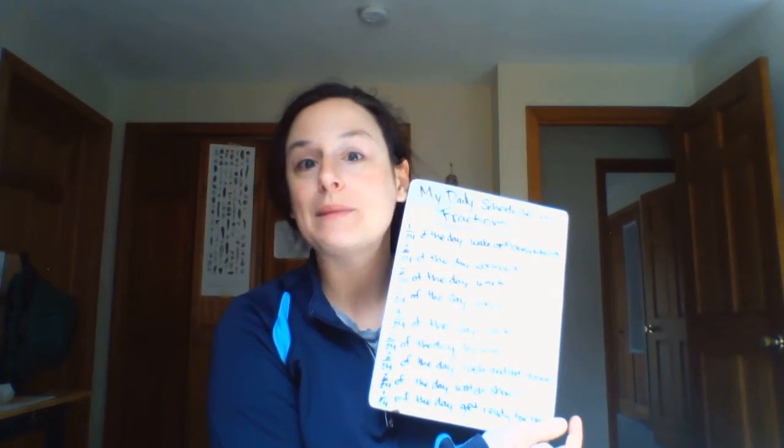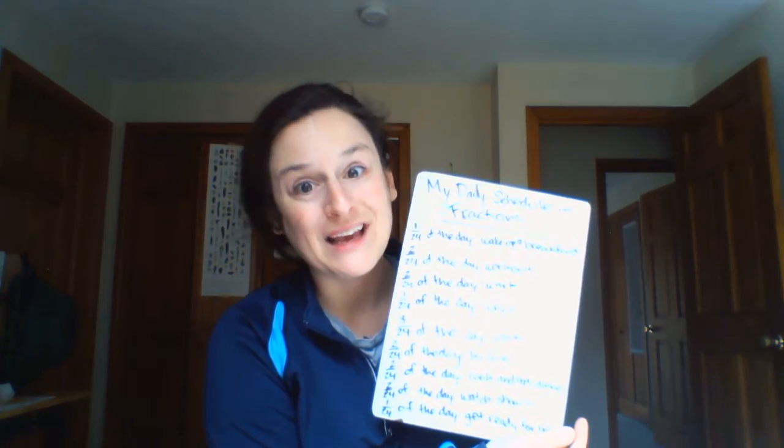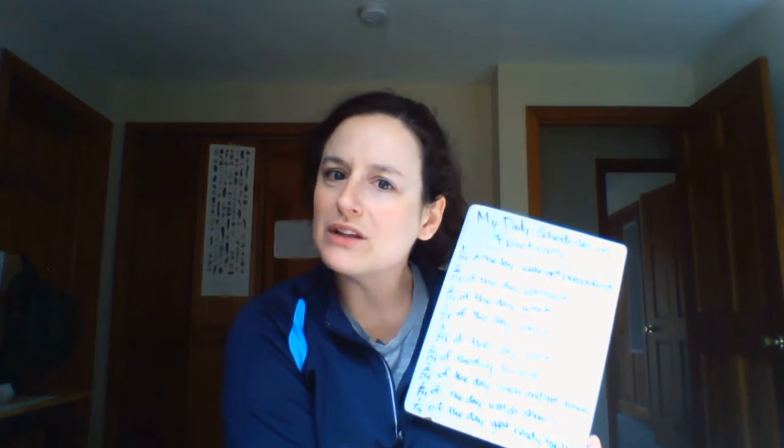For instance, if I wanted to write about how much time I spend moving and being active, well, I spend 2/24ths of my day working out and 2/24ths of my day hiking. 2/24ths plus 2/24ths is 4/24ths. So I want you to try and do that with your schedule. And then find your equivalent fractions to that total, the way I did with my eating.